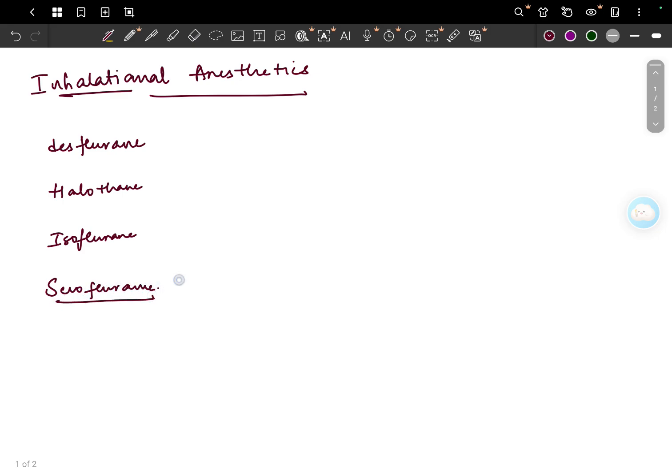Sevoflurane is usually yellow in color and iso is purple, desflurane will be sky blue, and halothane will be red in color. So this is how they are color coded.